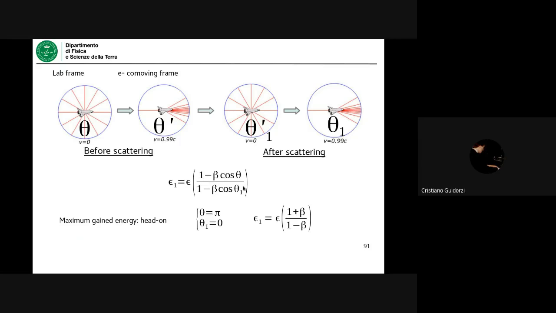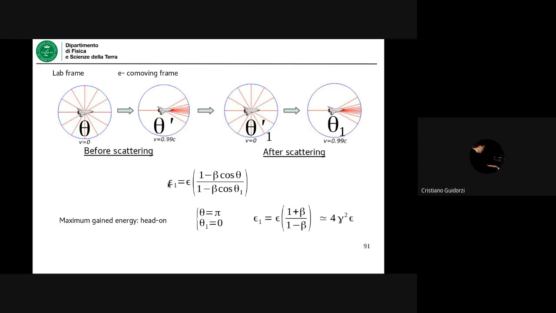this factor among brackets is just 1 plus beta minus 1 minus beta. But remember, we are talking about ultra-relativistic electrons. In the second term you Taylor expand beta as 1 minus 1 over 2 gamma squared, while in the first one you don't have to: beta is just 1, so 1 plus 1 is 2. In the second, 1 minus 1 leaves you in the denominator with 1 over 2 gamma squared. And so 2 times 2, 4 gamma squared.